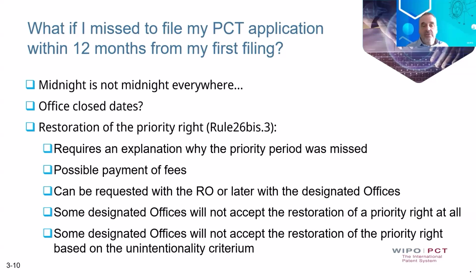Then a national office that applies the higher standard is not obliged to accept the decision by the receiving office based only on the unintentional standard. And that's why it's always better and more helpful to go for the higher standard. So for instance, an office like the EPO that applies the due care standard would then also accept a restored priority right.